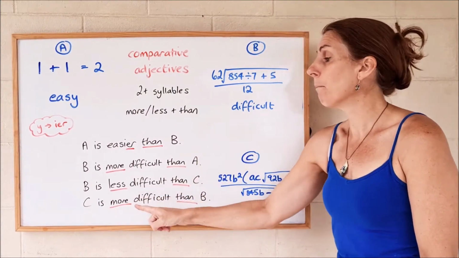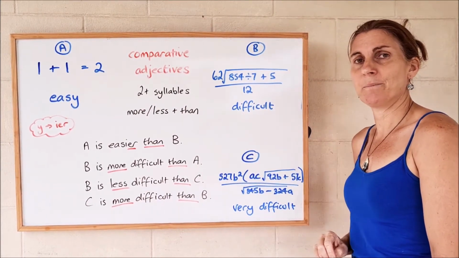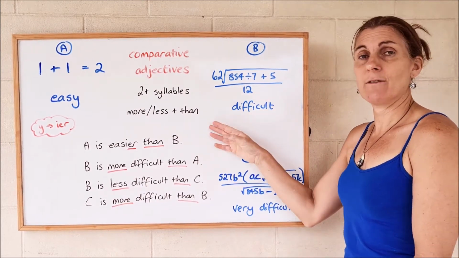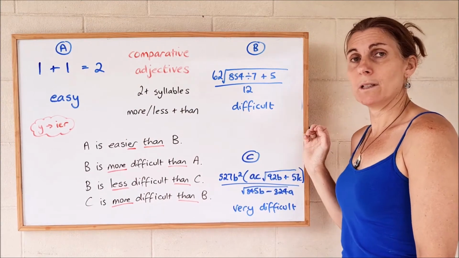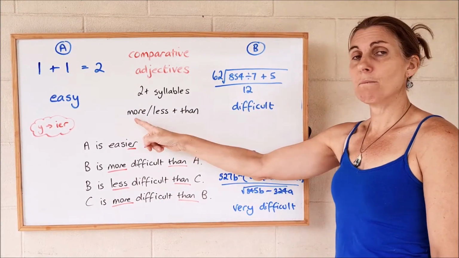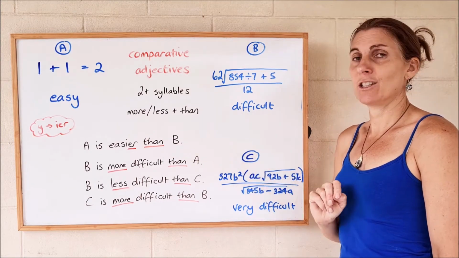C is more difficult than B. So if the adjective is 2 or more syllables, a longer adjective, we don't use ER, we use more or less and still use than.